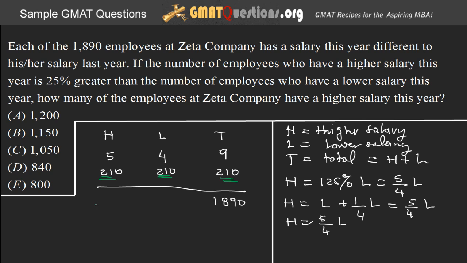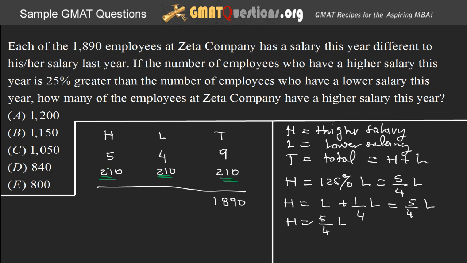So we're being asked to find how many of the employees at Zeta Company have a higher salary this year. Very simple. All we have to do is multiply the ratio corresponding to the higher salary by 210, the multiplier.